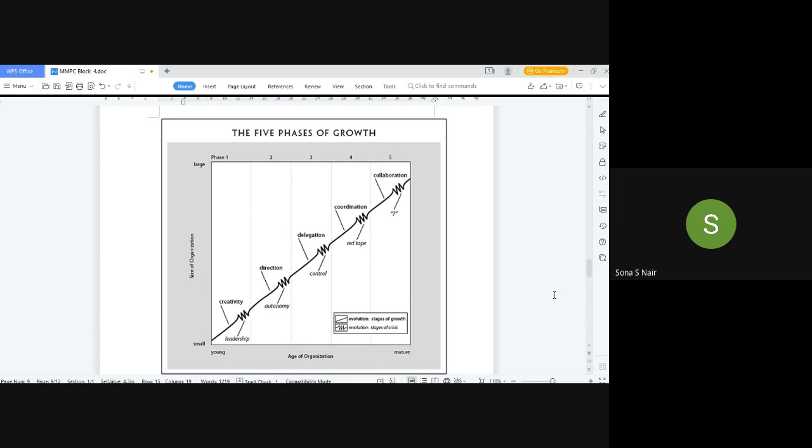When the top management makes efforts to handle this red tapeism and fix responsibilities and take people to task and teach them how to collaborate rather than coordinate and cooperate for the benefit of the organization, and puts in place self-control mechanisms where people are trained that they have to work for the organization rather than their own self-interest, or rather than their own egos and whims and fancies, then the organization grows further, and then so on and so forth.